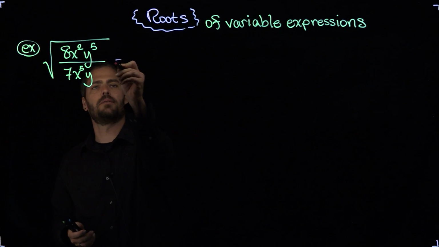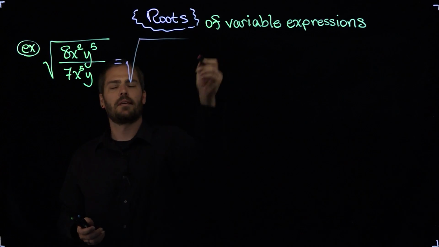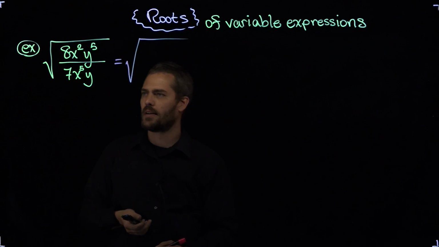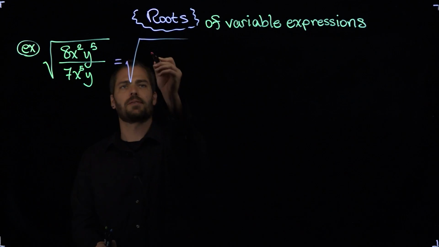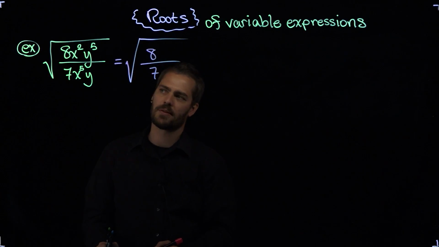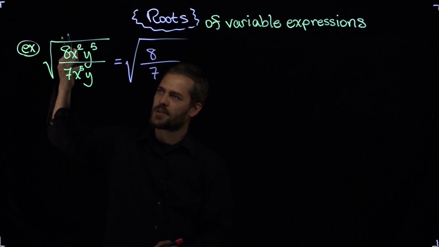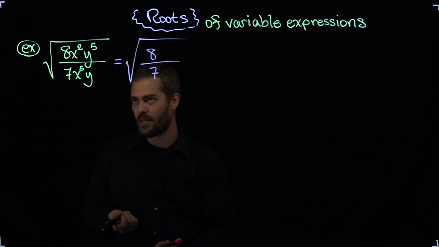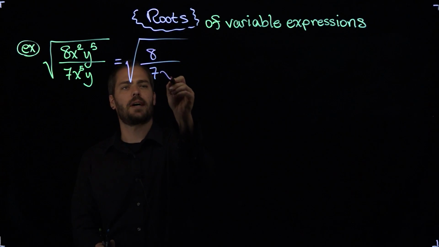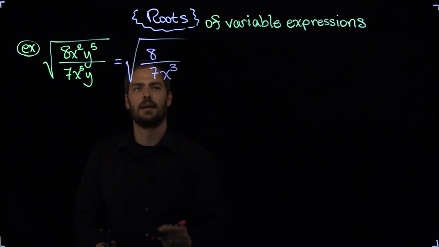Let me continue. I'll keep my root symbol. I'm going to look at the numbers first, the 8 and the 7. Those don't reduce by a common factor, so I'm just going to leave my 8 here and my 7 here and then see what happens with the rest. X squared over x to the 5th, we can use exponential rules there to simplify that, and that's going to come out to x to the 3rd power.